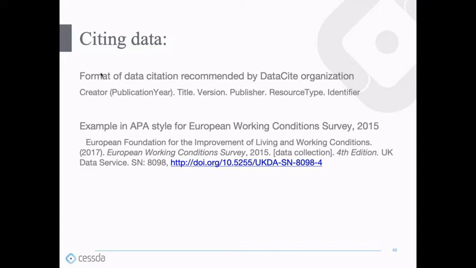You may see on the screen that there exist formats for citing data, for example, the format by the organization DataCite. See how it looks. It always must contain information about the creator, the publication year, title, version, publisher, resource type, and identifier if it's available.